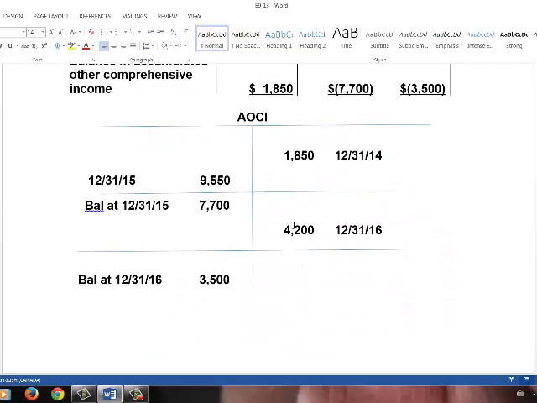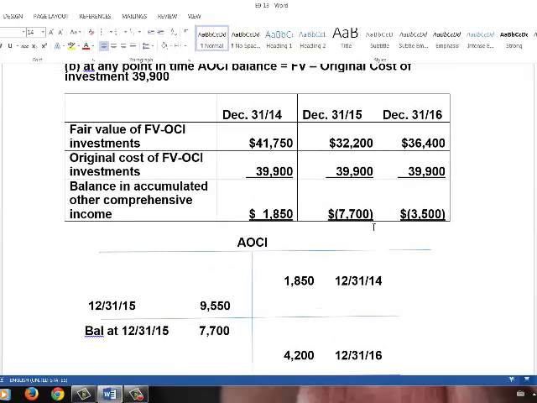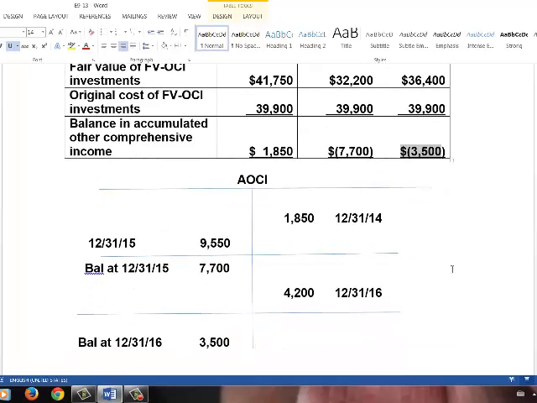So I would just dump that in the AOCI account, because again, if it goes into OCI, it affects AOCI. Remember, like income is to retained earnings, OCI is to AOCI. So therefore, it increases it from the negative or the debit balance of $7,700. If I add a credit amount of $4,200, I'm going to get a net debit of $3,500, which is what I had here. So a couple of different ways you can do it, whatever suits you.